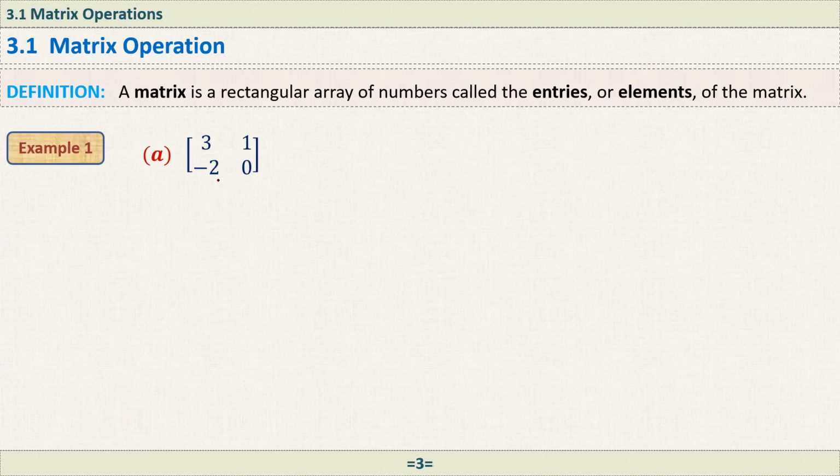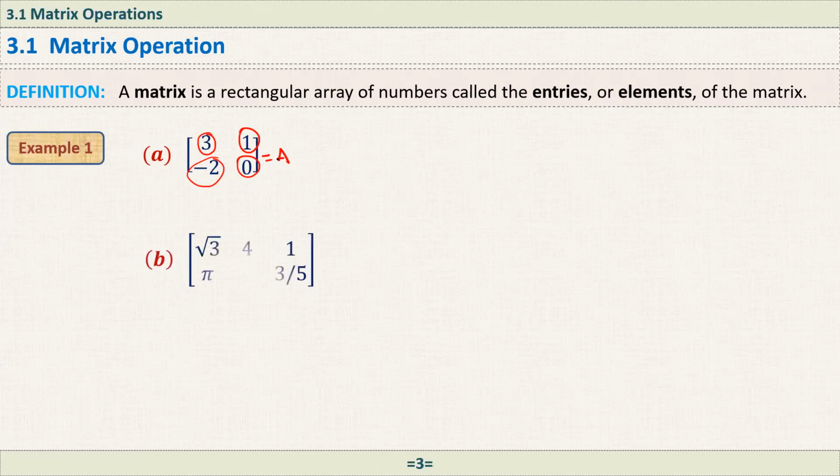Each number here, we have 3 and 1 and -2 and 0, and how you read it is up to you. These are entries of the matrix. Usually we use a capital letter to denote matrices. I can just write here, this one is matrix A.